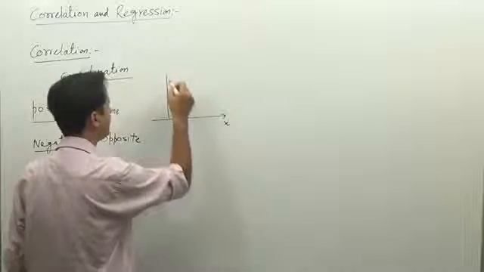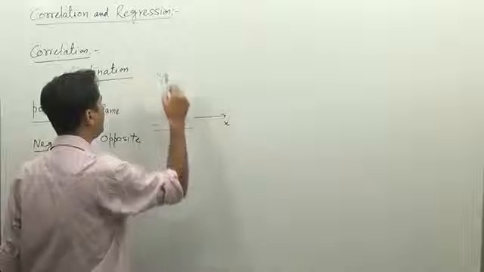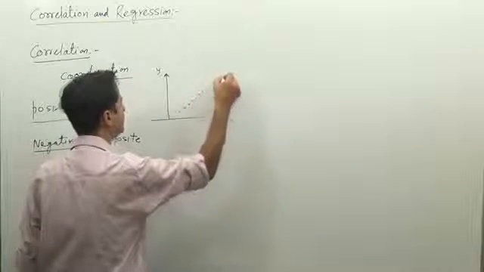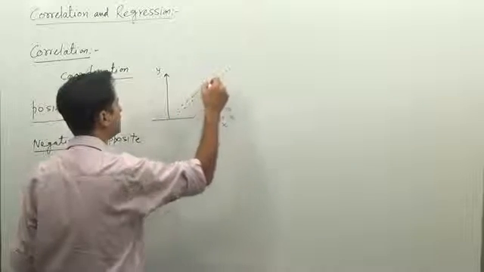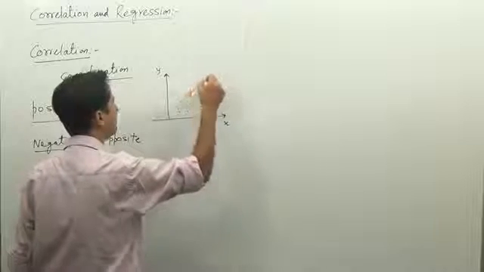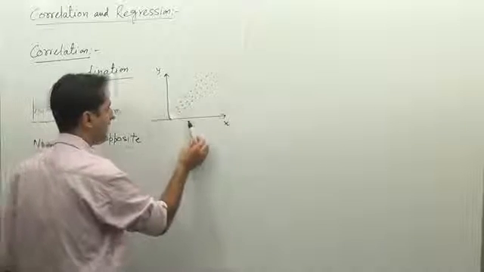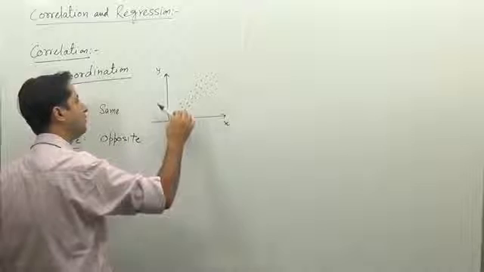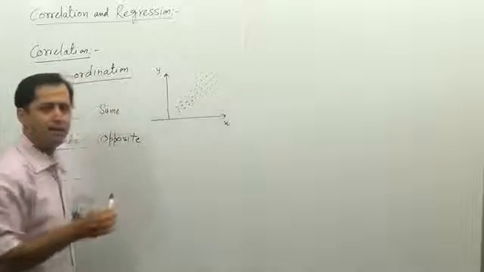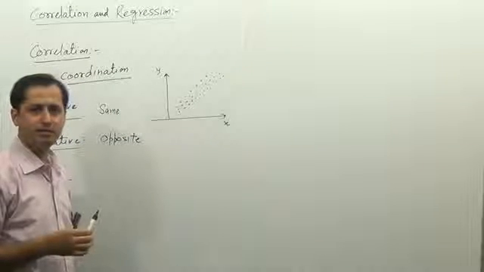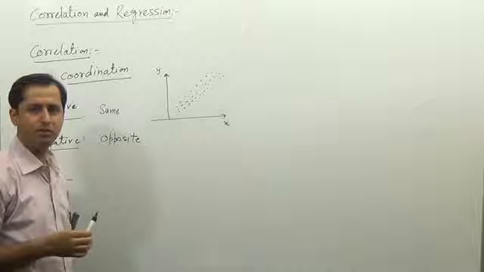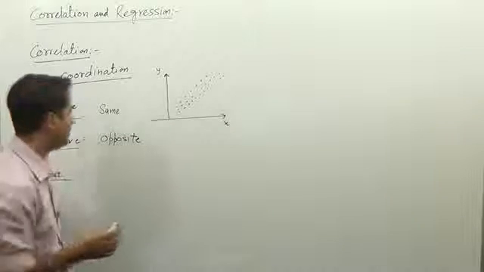Let us say I have some set of values. Let's say I have some x and y, and if the trend is like this, that when x changes, y will also change, and the trend is in the same direction, then we call it a positive correlation.